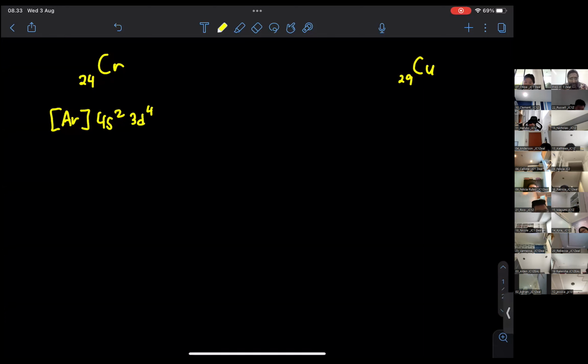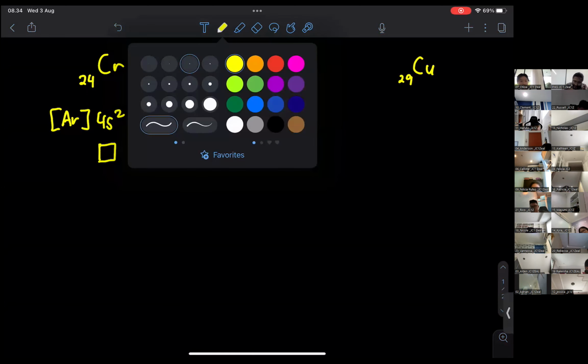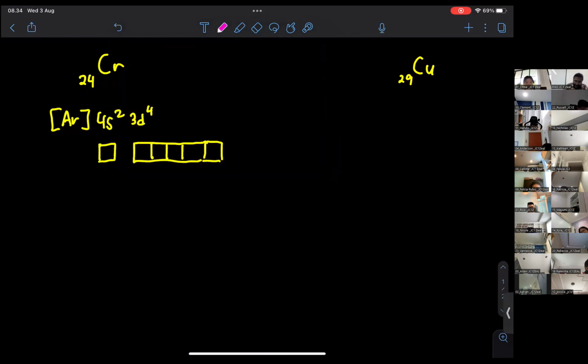Now for chromium, if I write it in terms of orbitals, I draw the boxes. D has 5 boxes, so I draw 5 boxes over here and represent the electrons using arrows, 3d4.